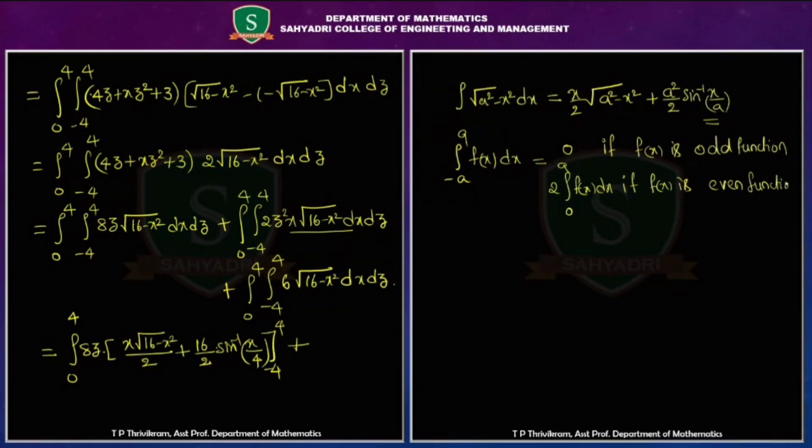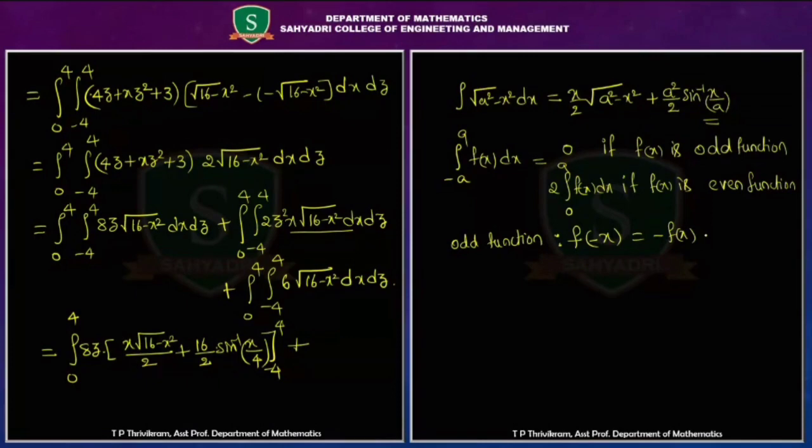So what do you mean by an odd function or an even function? How to define an odd function? It is defined as f of minus x equals minus f of x. Clear? Whenever you replace x with minus x, you will get minus of the same function.